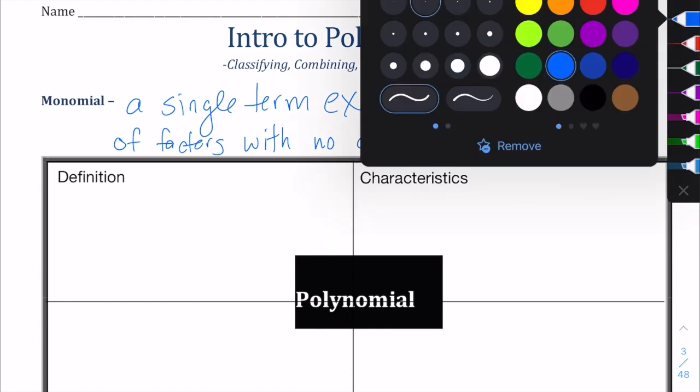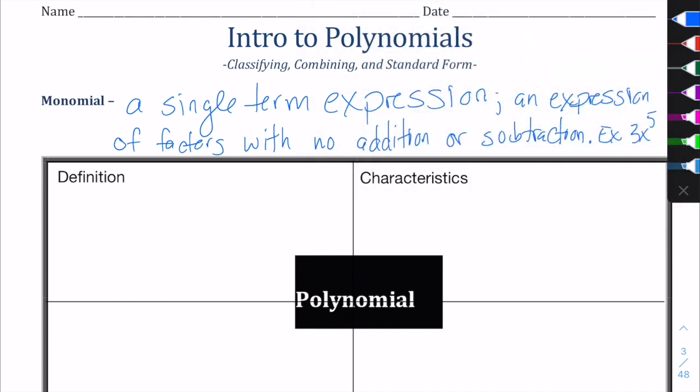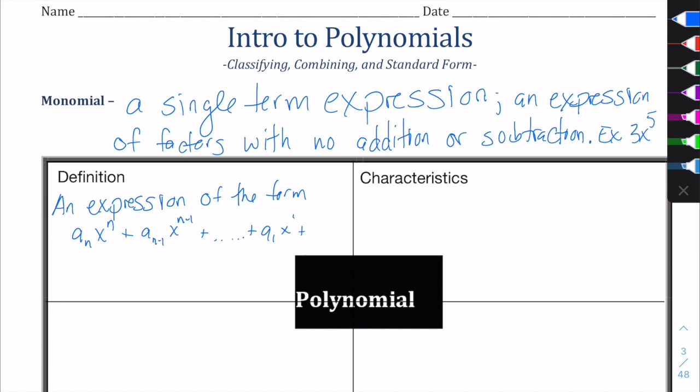Okay. Well, for a polynomial, we could define it as an expression of the form a sub n x to the n plus a sub n minus 1 x to the n minus 1 plus, and so on, down to a sub 1 x to the 1 plus a sub 0.